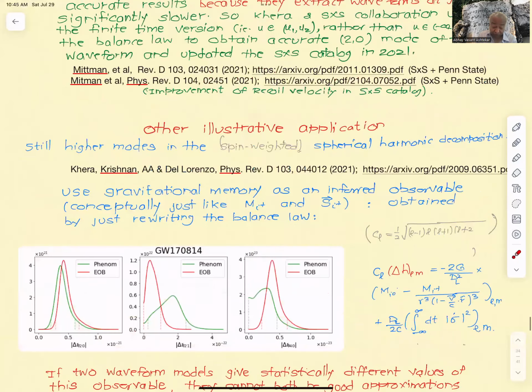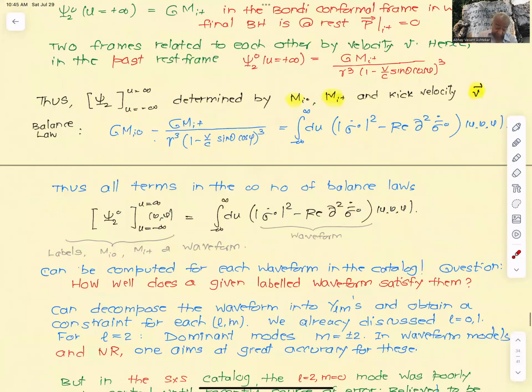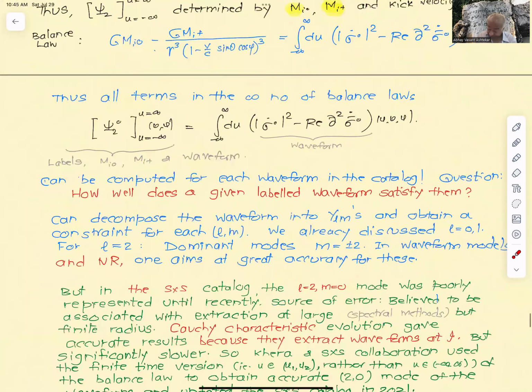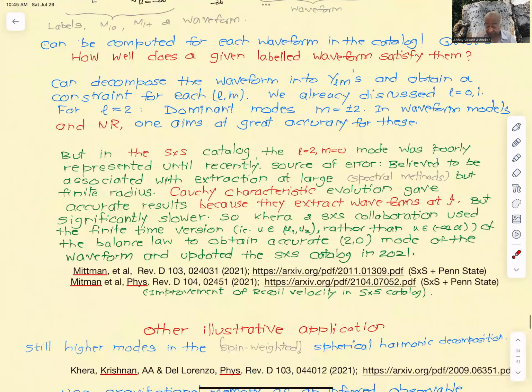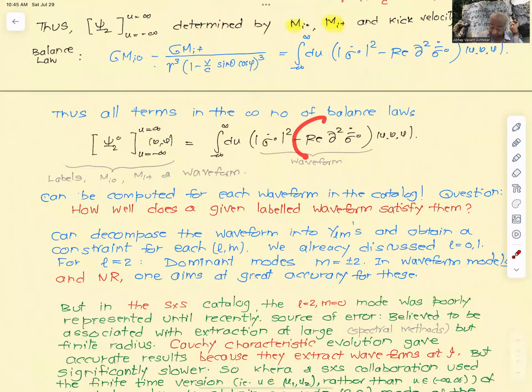The balance law was written as saying that psi 2 naught at plus minus is given by this. So we just rewrite it as follows. I want to know the change in sigma, or in the waveform model. So I take this term, which has a d by du, and I can just integrate out this d by du, and I will just get h squared of sigma up here.